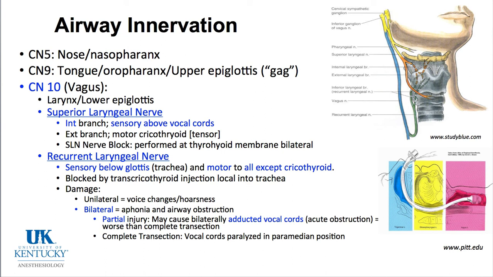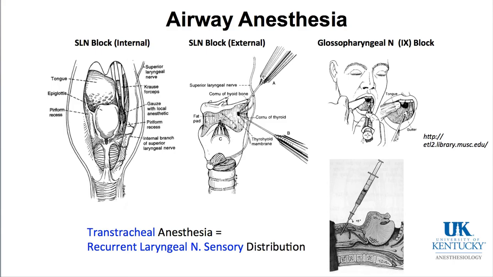If they're completely transected, the vocal cords tend to sit in a paramedian position towards the midline, but flap as the air passes it, and do not cause complete obstruction. So it's actually worse to have a partial injury to the bilateral recurrent laryngeal nerve.